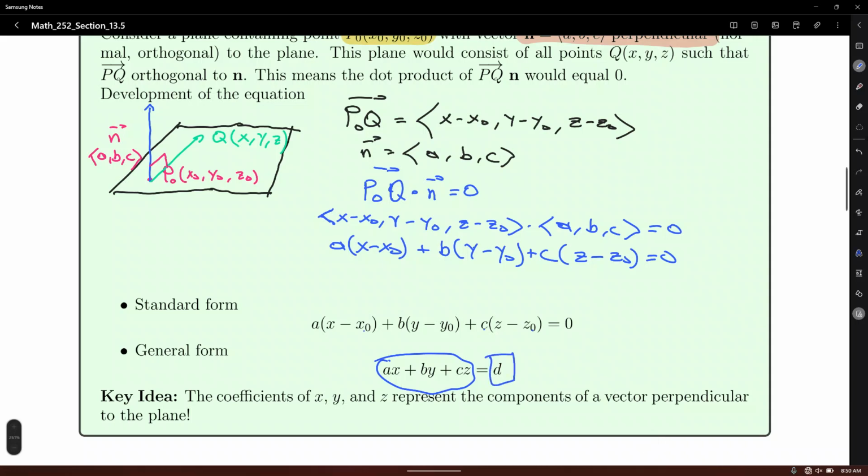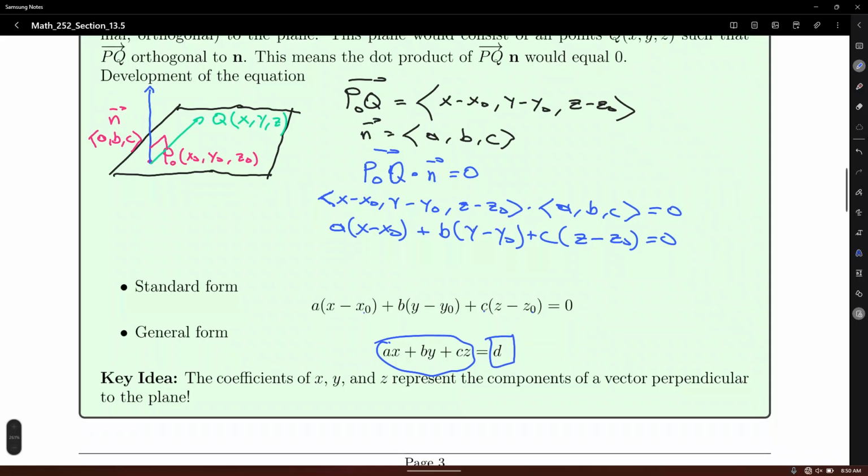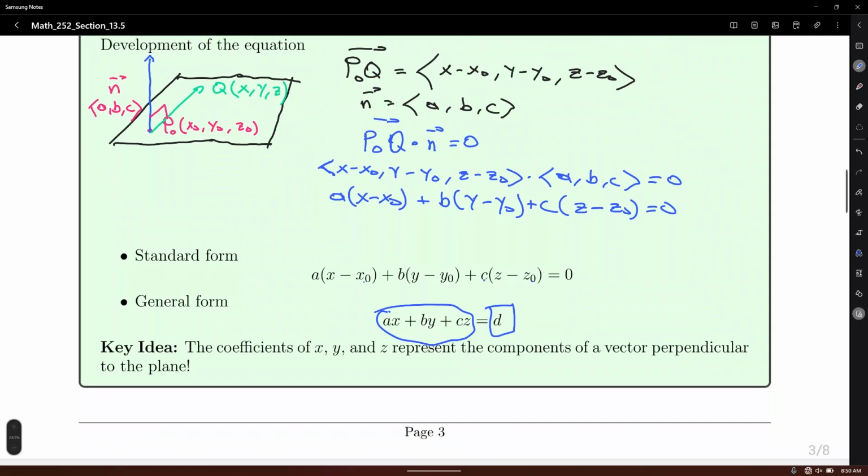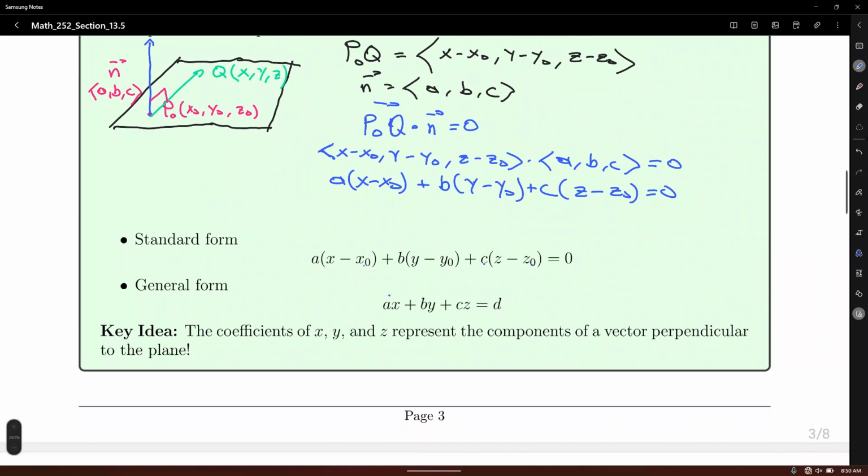So all you need to keep in mind when obtaining the equation of a plane is that the coefficients of x, y, and z represent the components of the vector that is perpendicular to the plane. The constant value, we get it from the other given point from the plane or any other information. All right.